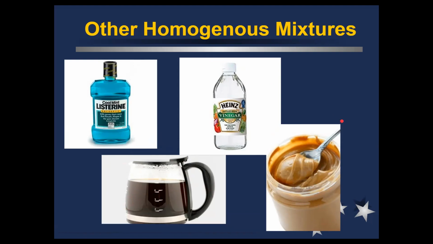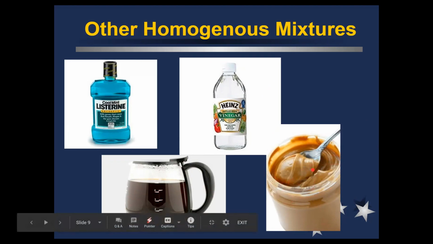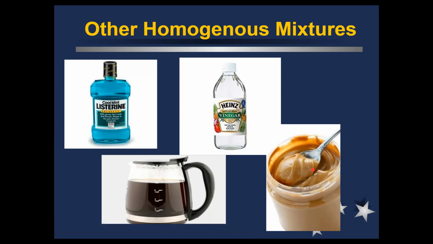And then also, smooth peanut butter is a good example. So every scoop from a jar of smooth peanut butter should have the same combination of ground peanuts and oil and sugar all mixed into it, right? You shouldn't be getting any super oily scoops or super sugary scoops of peanut butter.